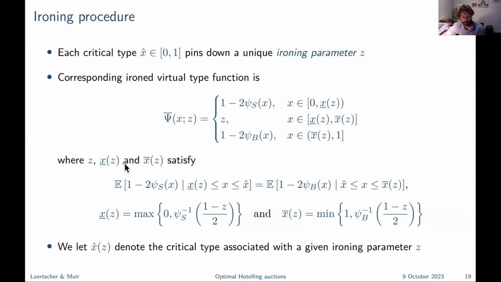And the X lower bar of Z and the X upper bar of Z satisfy this equality here in terms of expected values.